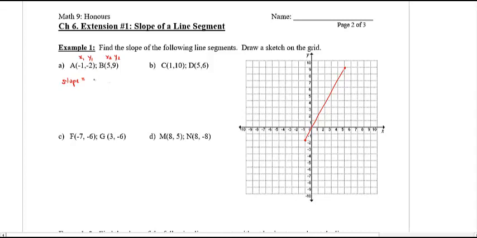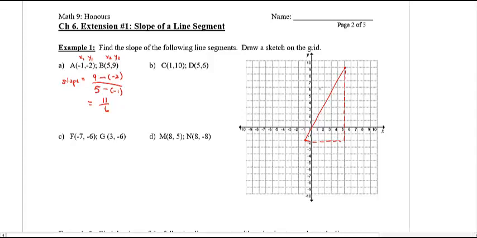So slope equals y sub 2 minus y sub 1, so 9 minus negative 2, all over x sub 2 minus x sub 1, 5 minus negative 1. So this becomes 11 over 6. Now if you think about it, calculate 1, 2, 3, 4, 5, 6, 7, 8, 9, 10, 11, and 1, 2, 3, 4, 5, 6. There you go. Right? 11 over 6.